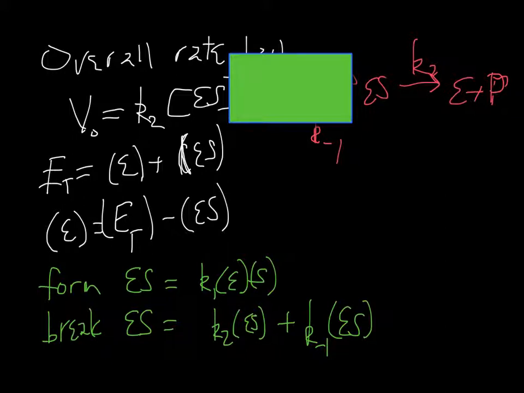All right. So now, since the steady state assumption says that the rate of formation has to equal the rate of breakdown, it must be true that this equals that. So now we just put those two together. What is that, the transitive property? I can't remember.